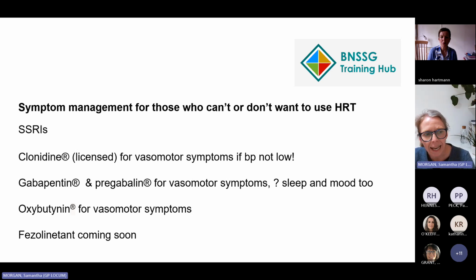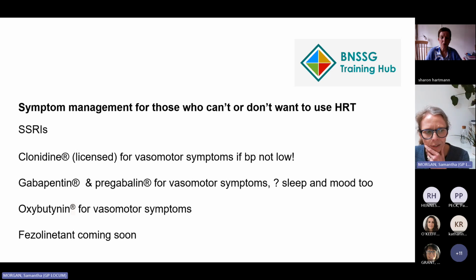Gabapentin and pregabalin potentially can help with vasomotor symptoms and possibly sleep and mood as well. Obviously, both controlled drugs with their own potential concerns, so again, they don't feel like a very easy option. And similarly with oxybutynin, there's some evidence that it can help with vasomotor symptoms, but with the side effect burden as it is, it's often quite tricky for people to use in the longer term.